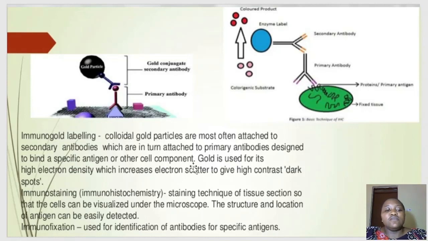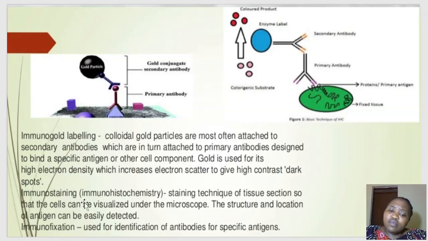Gold is used because it has high electron density and therefore increases electron scatter, so that it can give us high contrast, because usually most of these images will be black and white. So we can achieve very dark spots with gold nanoparticles.